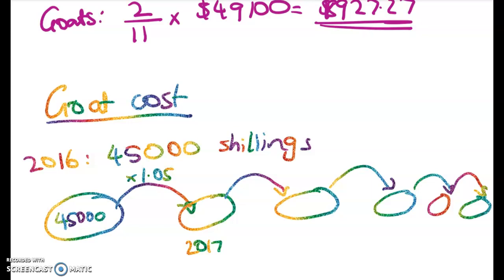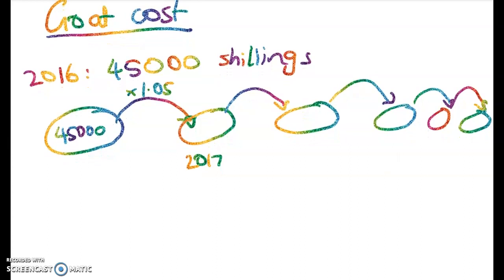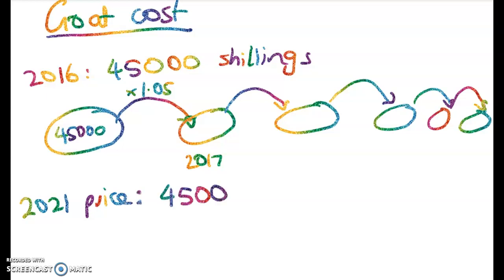Now that bubble diagram is pretty babyish at this point. We've done those lots and lots. It still works, but a more efficient way to say this is to say 2021 price is going to be 45,000 times 1.05 to the power of 5. I'm just going to fix that up, make it a little bit easier to read.